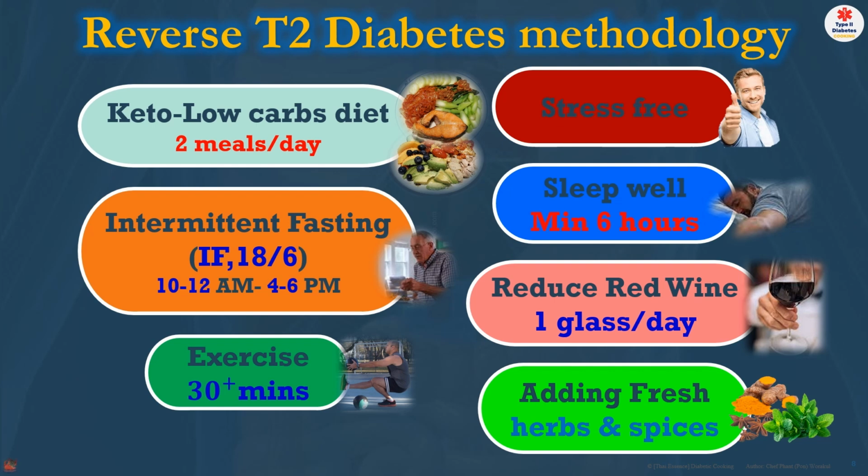That's all, and then I add fresh herbs and spices into my food a lot more. I add all kinds of things, and the rotation of the food. That's what I do, and the whole routine here gave me the success to reverse diabetes.